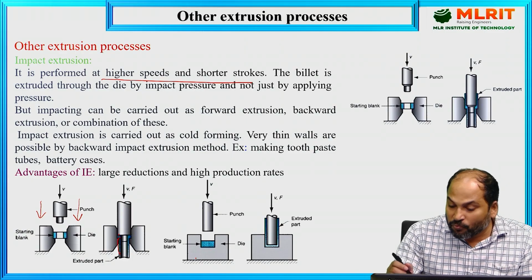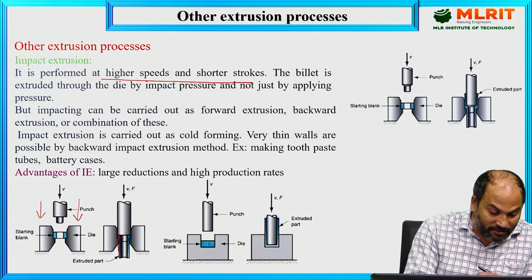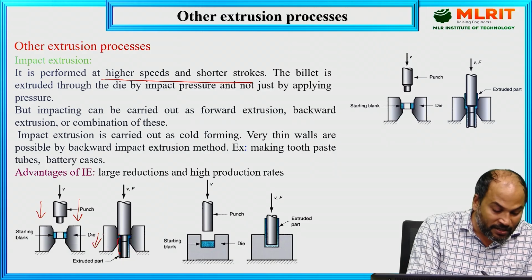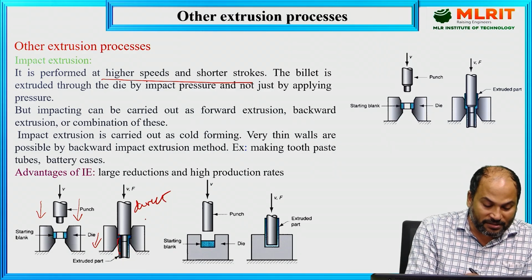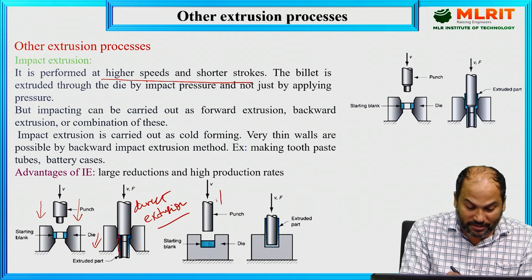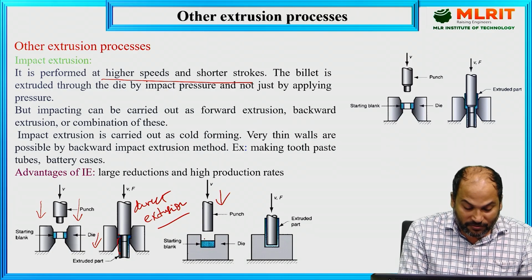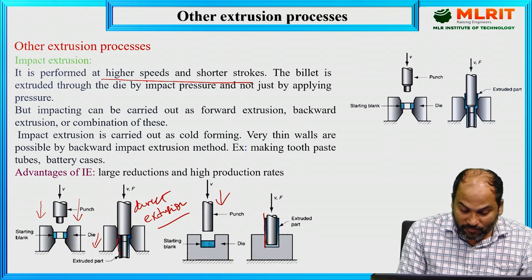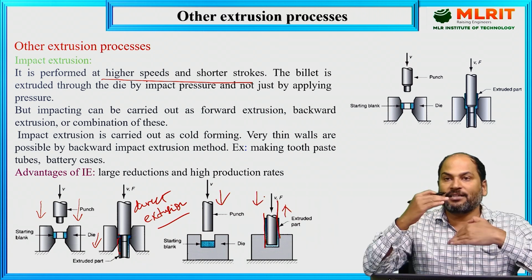Here, it moves in the same direction in which you are applying the force. So we know this is direct extrusion. But here it is opposite. You are applying the force, this is your ram movement, and your workpiece is here. Finally it moves in the opposite direction. So here the movement of the extruded product and the movement of the ram are both in opposite directions.